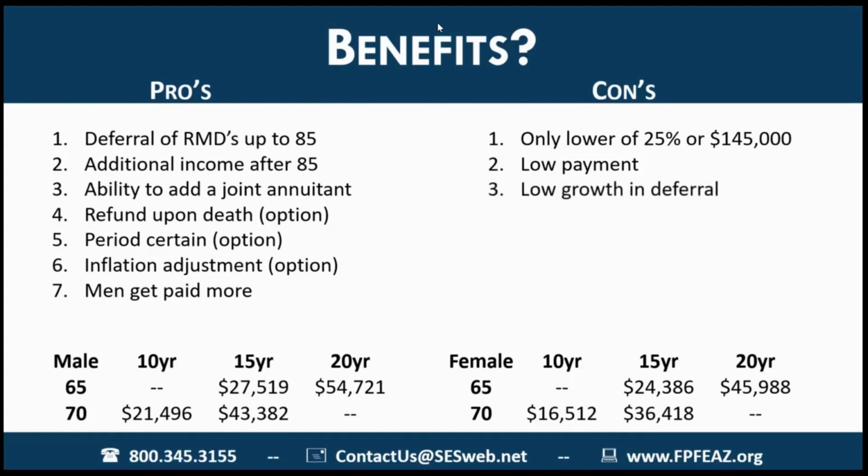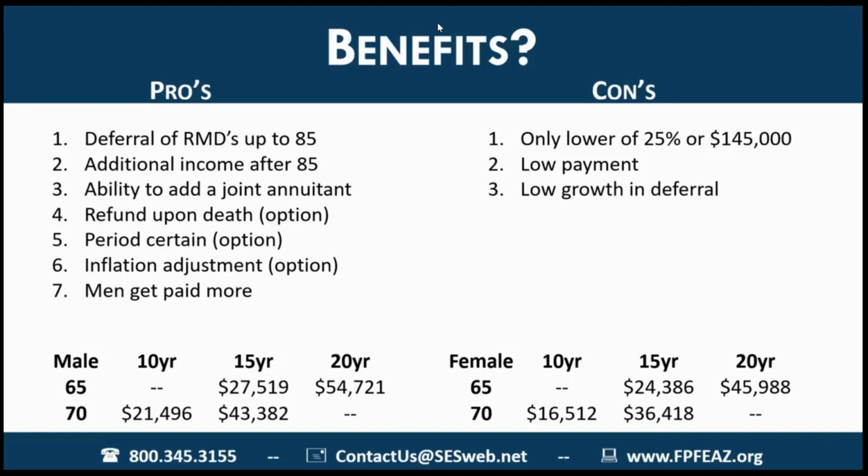Low growth in deferral is the other side of this. The vast majority of these contracts that I've looked at have very low growth compared to what else we could invest it in. So that's one of the huge reasons people don't end up doing this. You end up putting $100 to $145,000 in deferral, and it just kind of sits there stagnant.